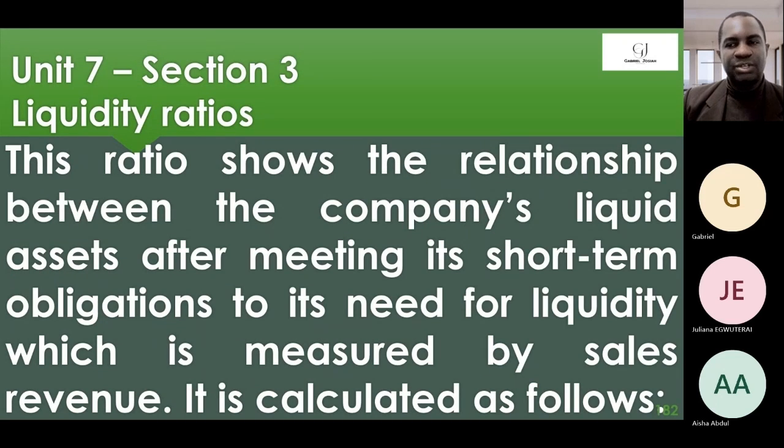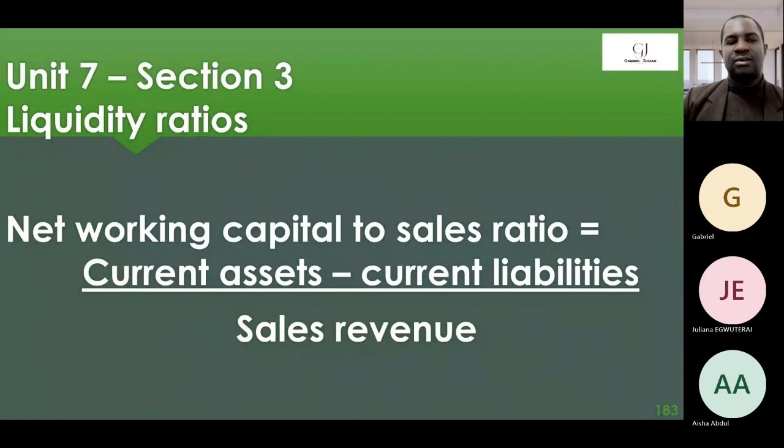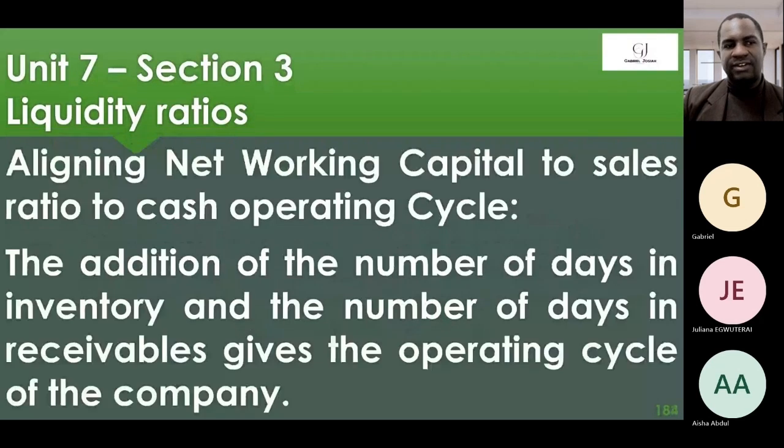It shows the relationship between the company's liquid assets after meeting short-term obligations to its needs for liquidity, which is measured by sales revenue. So the company's liquid assets in form of current assets, you are meeting your obligations in form of current liabilities, and that need is measured by the sales revenue. It's calculated as current assets minus current liabilities divided by sales revenue.